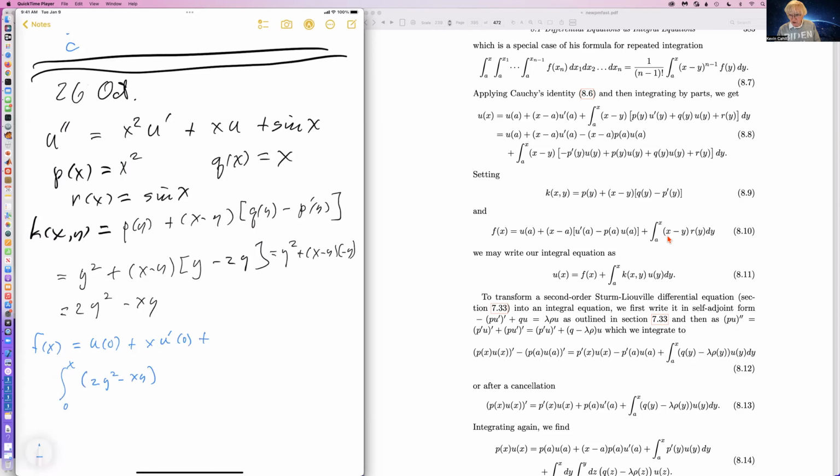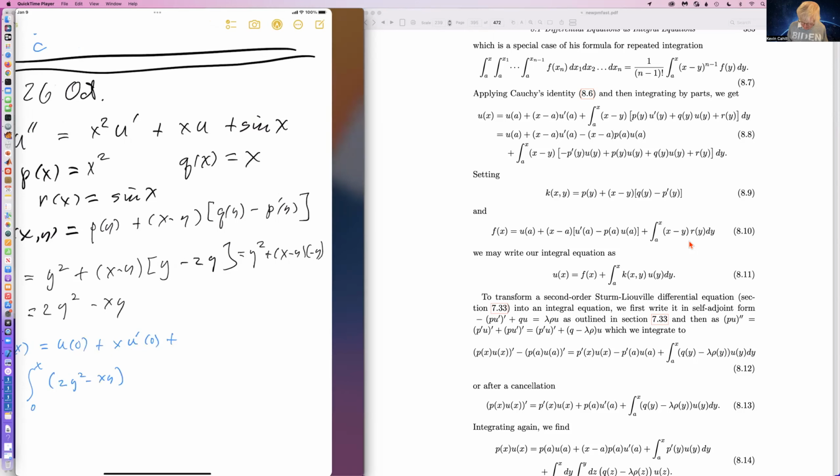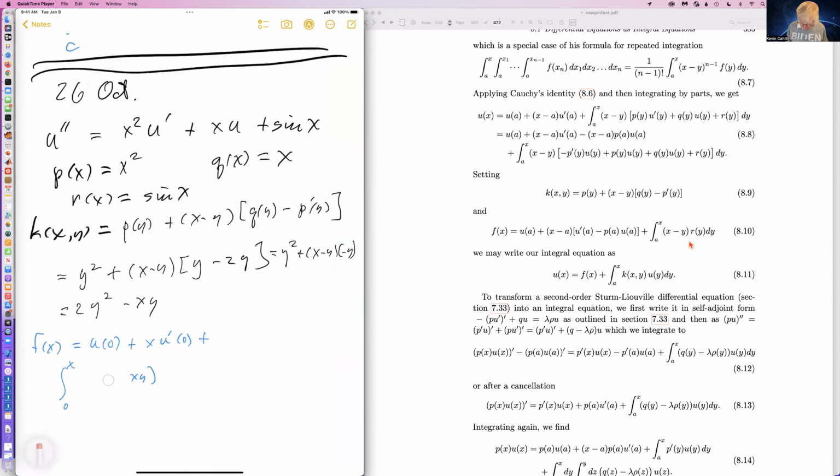And then an integral a to x of, well, you see, I've made a mistake. This is actually fairly confusing. And that doesn't mean you shouldn't learn it. It just means that you have to keep both eyes open and stay awake while you learn it.